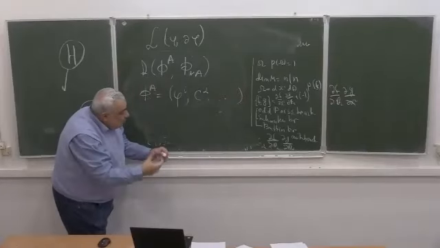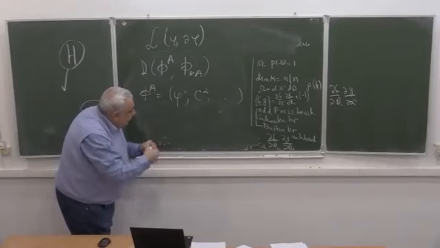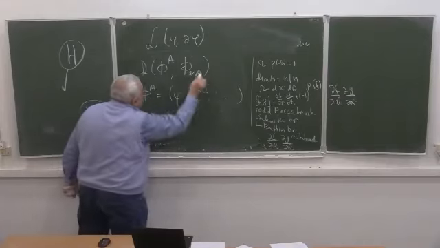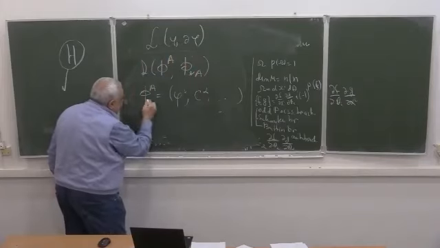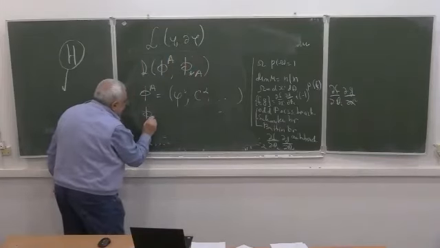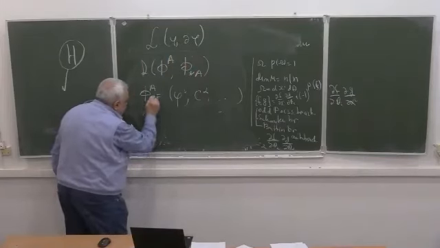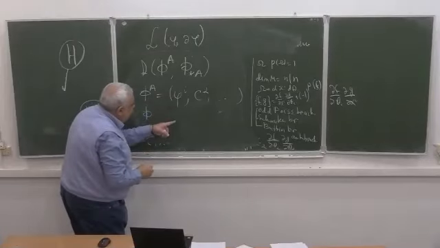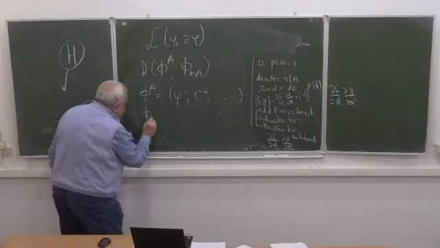The crucial idea of Batalin-Vilkovisky was the following. They say that if we want to quantize the theory, we have to consider anti-fields which have opposite parity. If the field is even, the anti-field is odd, and so on.